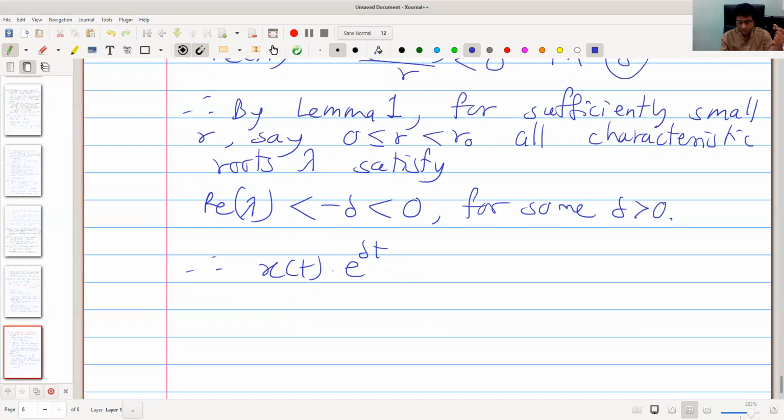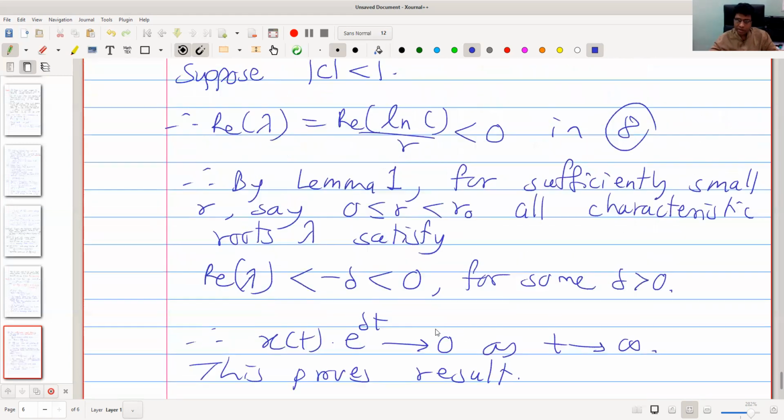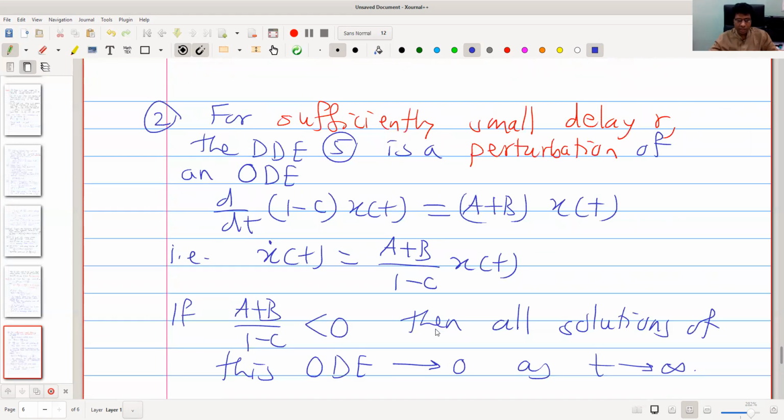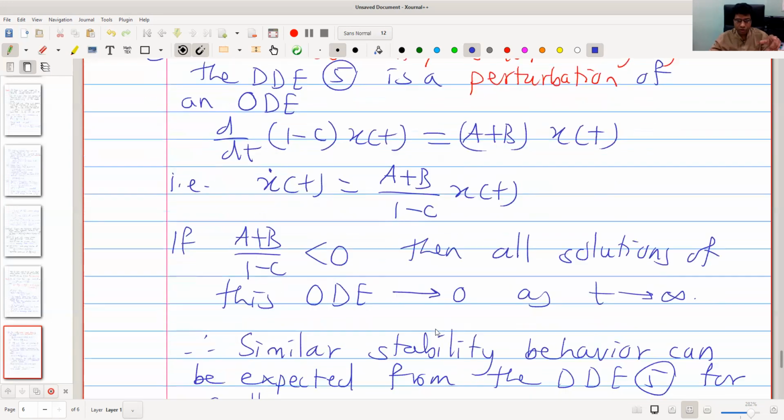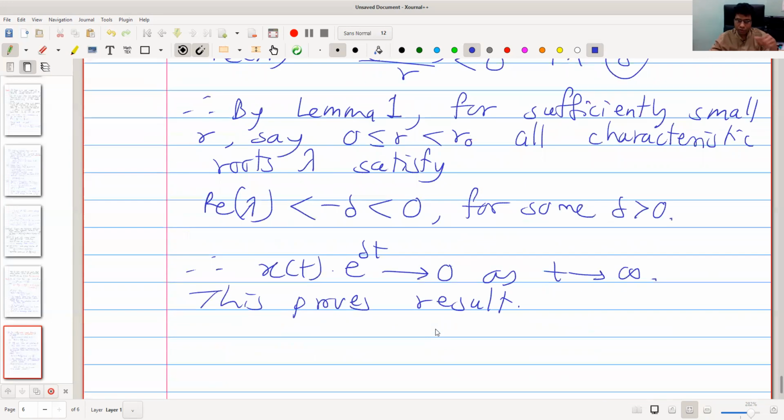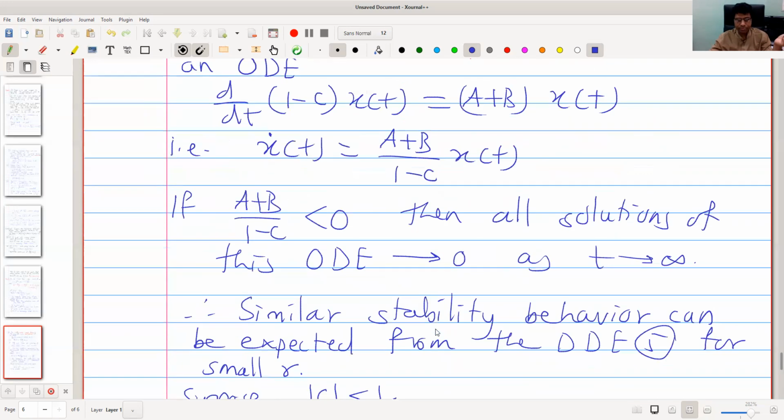So this will tend to 0 as t tends to infinity, and this proves the result. Actually, this was an outline of the proof for the second part. The complete proof is available in the book. Thank you.